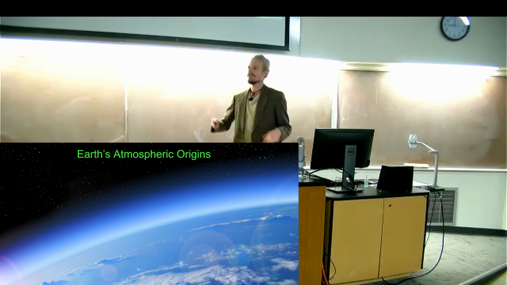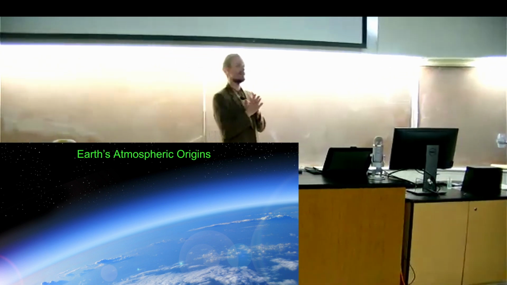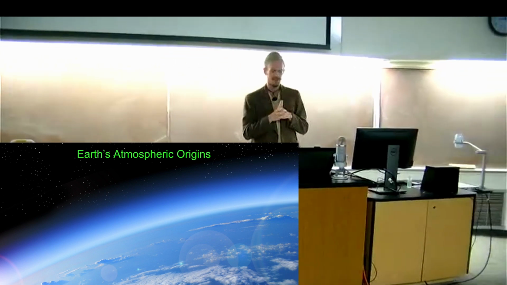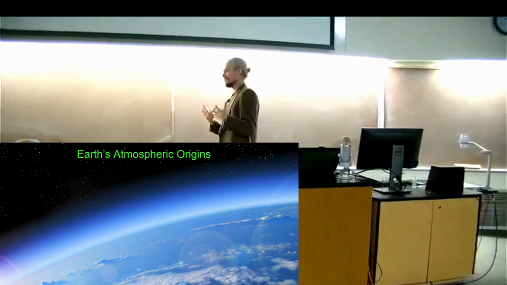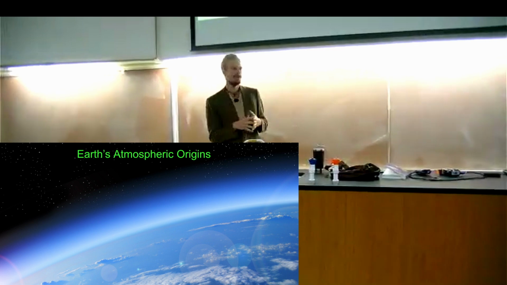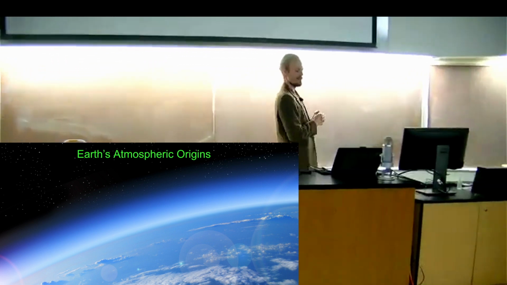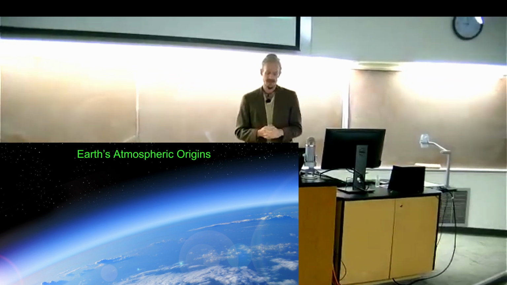So there are basically three different theories that compete as to where our atmosphere came from. The first is that it came from the same event that formed the Earth itself. Perhaps it was greater or lesser, but it was essentially formed in place.